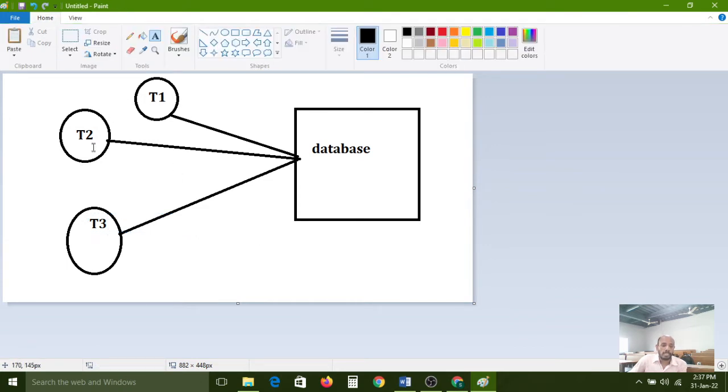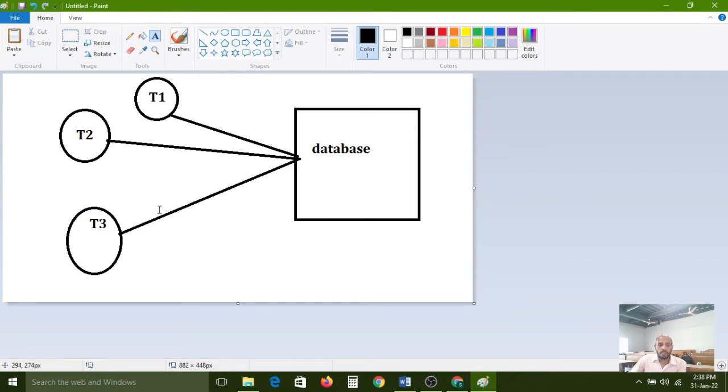So these three transactions are accessing the same database at the same time. Here on my laptop I have 2:38, 2 o'clock 38 minutes. The current time is 2:38.